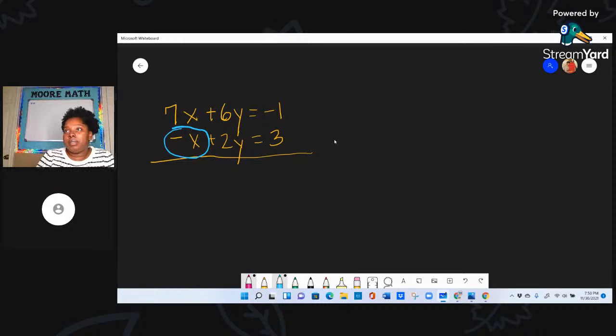And what would you turn this -x into? -7x. Good. So X would be the easiest to eliminate, mainly because one is already negative and one is already positive. Remember, we want opposites. With the Y's, we're going to have to multiply something by a negative number, and it's just a lot easier to work with positive numbers.